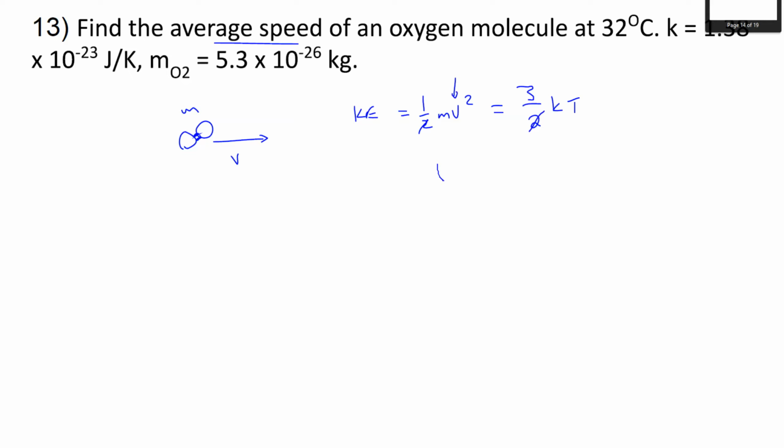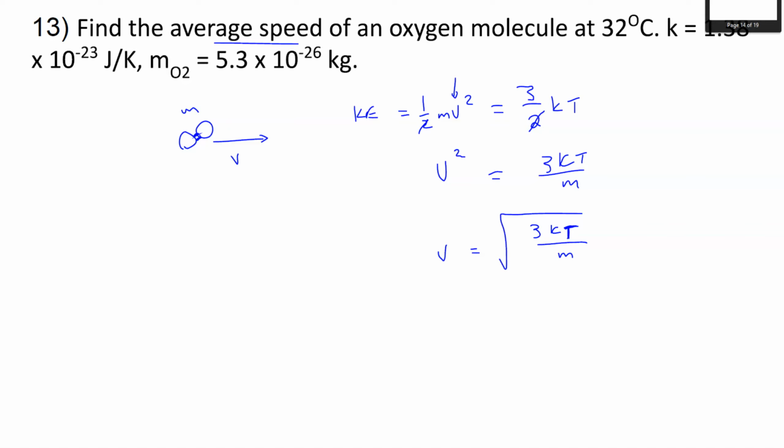Let's divide by m. v squared equals 3kT over m, and when I take the square root of both sides, I have v equals the square root of 3kT over m. We could put the numbers in and get that. It's usually a pretty spiffy speed, 400 or 500 meters per second, depending on the temperature. But a couple hundred meters per second is pretty impressive.